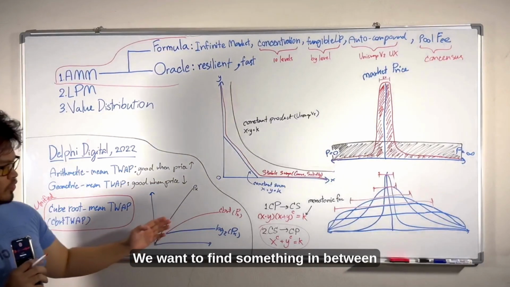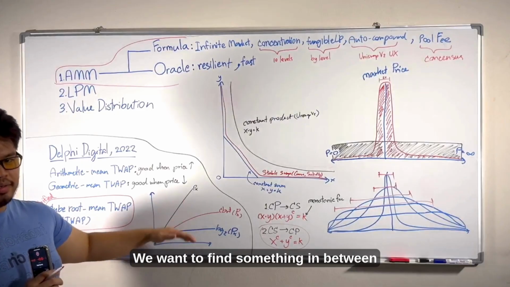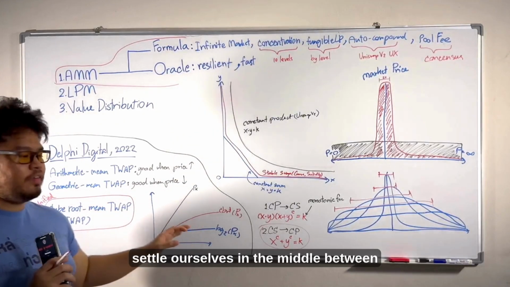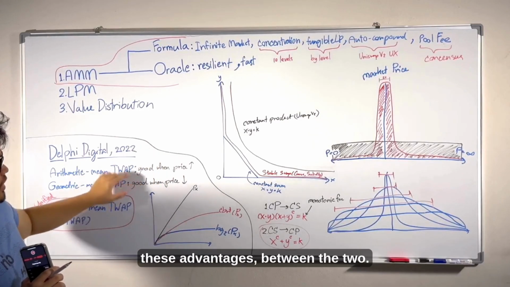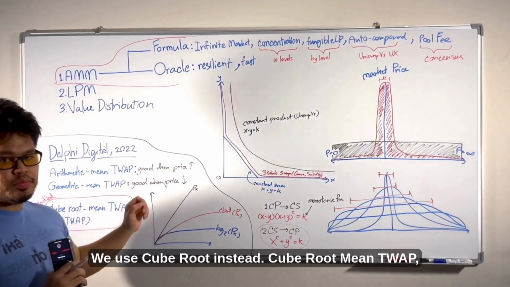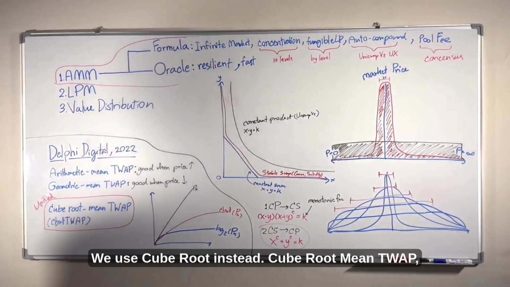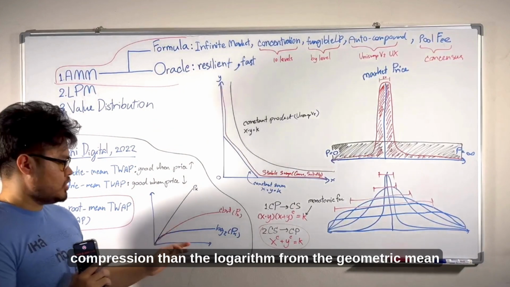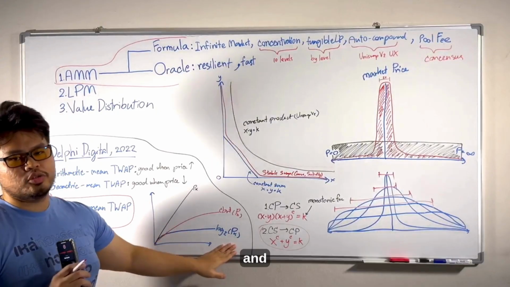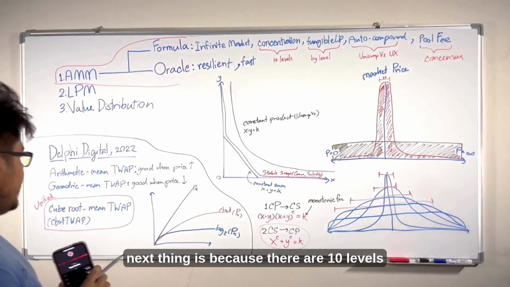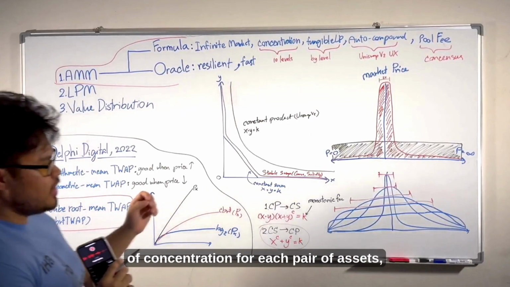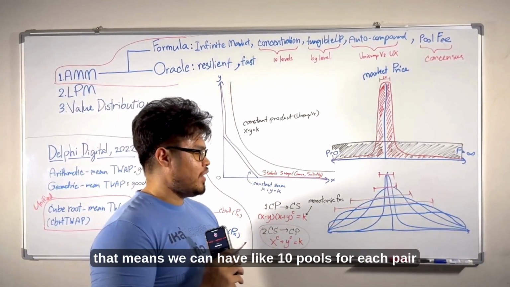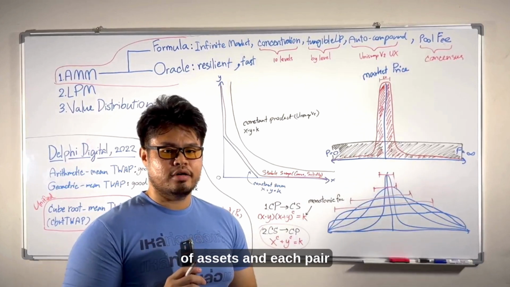So we want to find something in between, so we can settle in the middle between the advantages of the two. So we use the cube root instead. Cube root mean TWAP gets us just a little bit less compression than the logarithm from the geometric mean. And because there are 10 levels of concentration for each pair of assets, that means we can have 10 pools for each pair of assets.